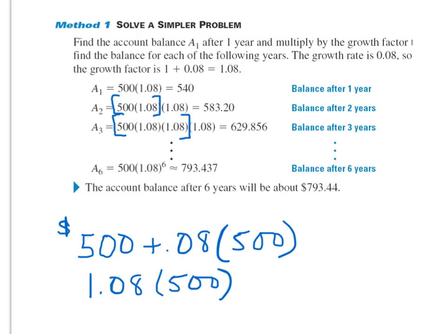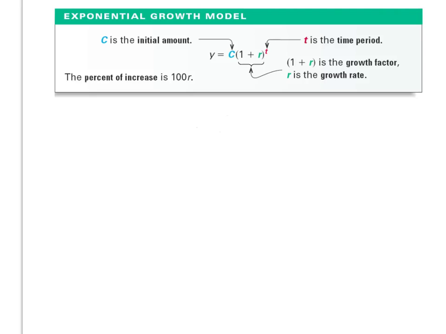If you look at that pattern there, you see that 1.08 one time, 2 times, 3 times, and again all the way up to in the 6th year it would be 6 times. So that's a way to write that exponentially, which means that we could write a formula for this and not have to go through the second time, third time, fourth time, but just go right to the 6th time if that's what we were looking for.